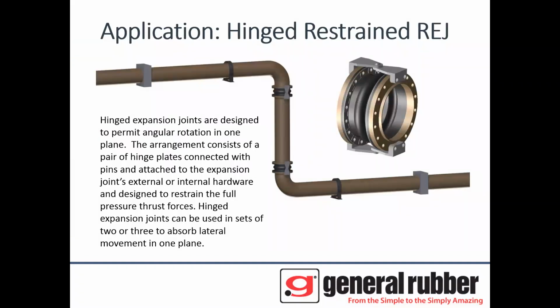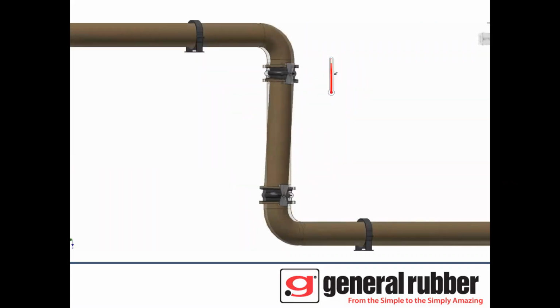For the hinged restrained expansion joint, notice again here the reduction in anchor size and the number of guides due to the restraint being part of the hinge assembly. And again, functionally, the pair of hinges are indirectly absorbing the axial thermal movement in the long piping line by taking advantage of a change in pipe direction and accepting it as lateral movement in a single plane.